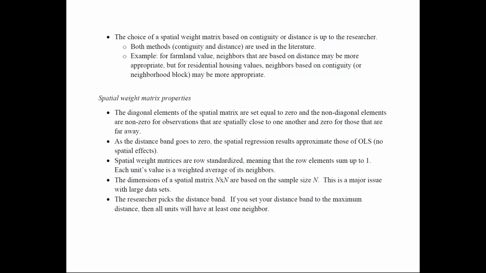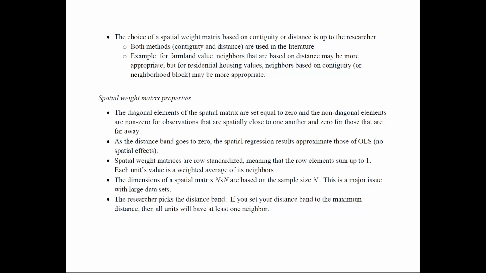So to summarize here, here are the properties for the spatial weight matrix. First of all, the diagonal elements are set to 0, because the notation is that you're not a neighbor of yourself. And the non-diagonal elements are non-zeros for observations that are spatially close, and 0 for those that are far away. So if you're a neighbor, you have a positive value.